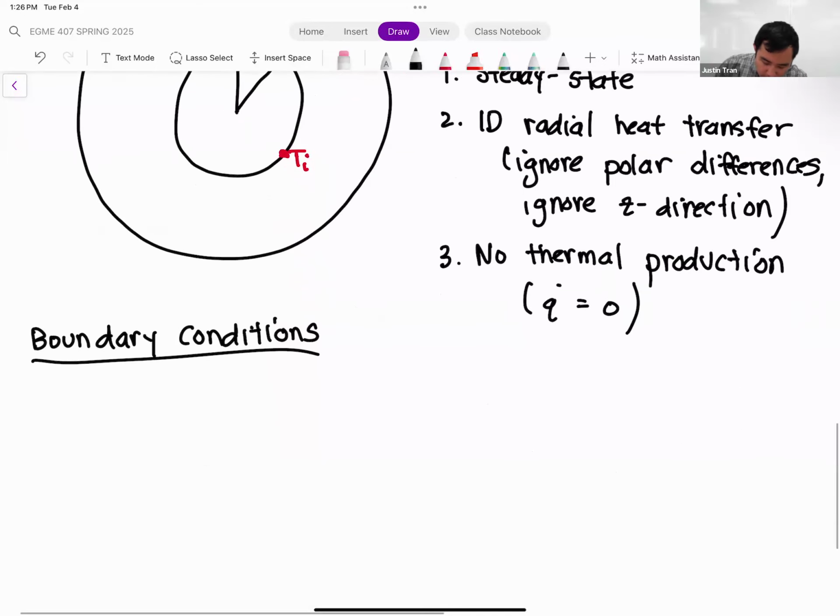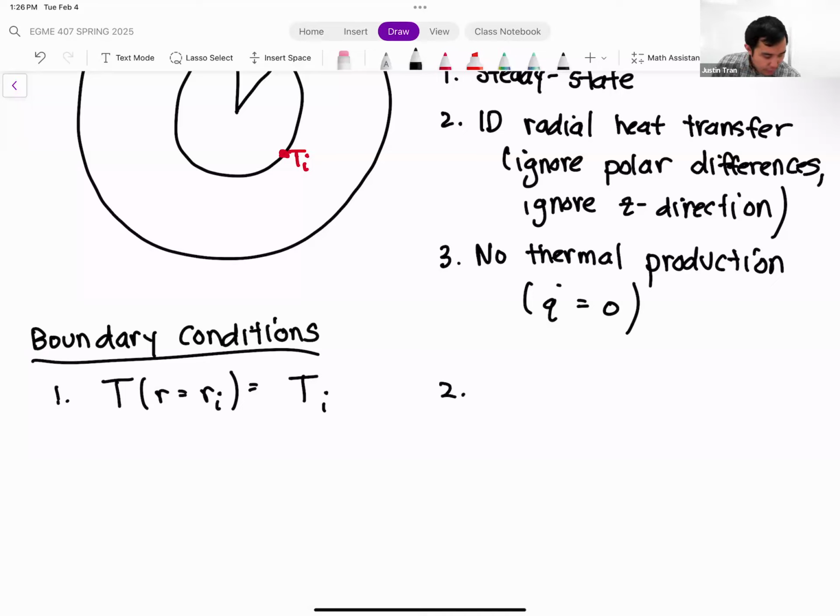So let's express those mathematically. The first one: temperature when r is equal to Ri is equal to Ti. And number 2: when r is equal to Ro, the temperature is To.